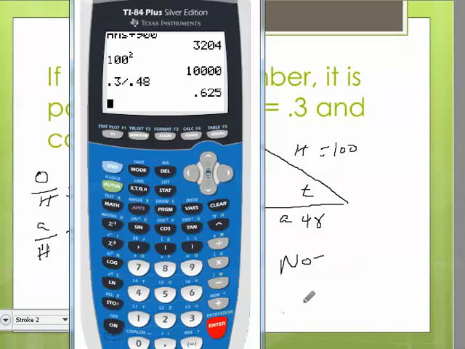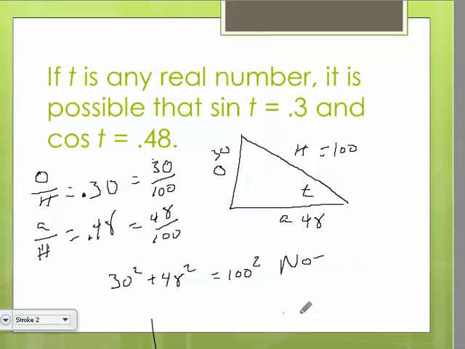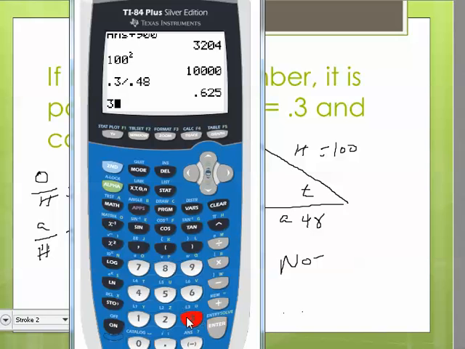And we get 0.625. Well, I don't think that's the same as 30 divided by 48. Oh, it is. Wow. Oh, that's what I did. I divided 30 by 48. Duh. Okay.